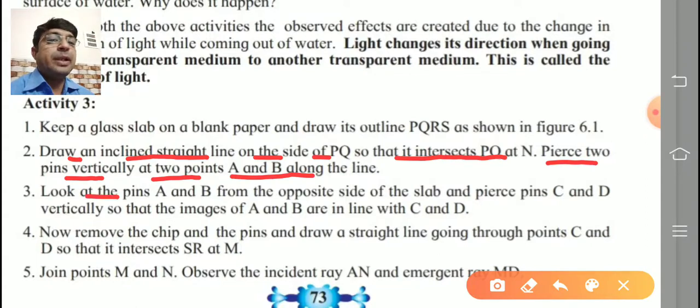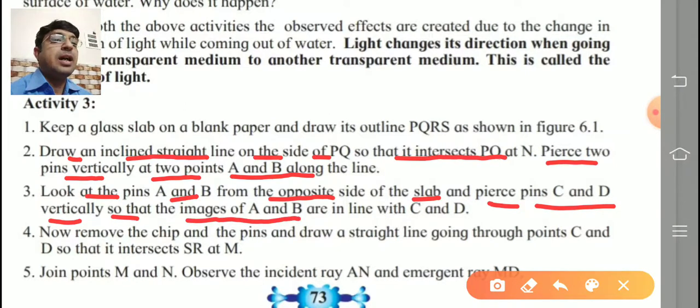Look at the pins A and B from the opposite side of the glass slab and fix two more pins C and D vertically so that the images of pins A and B are in a line with pins C and D.